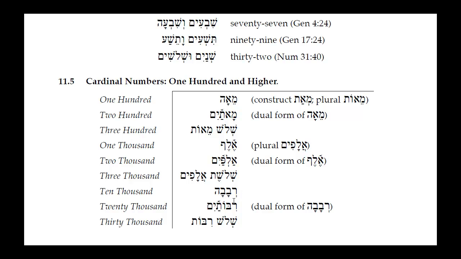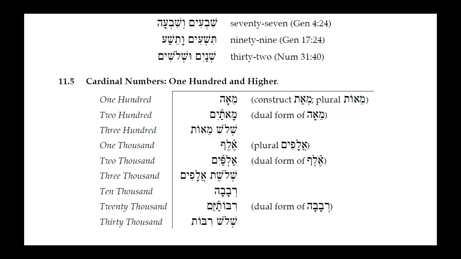And then 20,000 is Ribotayim. Remember what happens when you have those geminate nouns: you have the doubling of the Bet, and then the Holam and Vav, and then you have the ending attached to it. So you see some of the same characteristics here from the previous chapters we've learned on those different types of nouns.